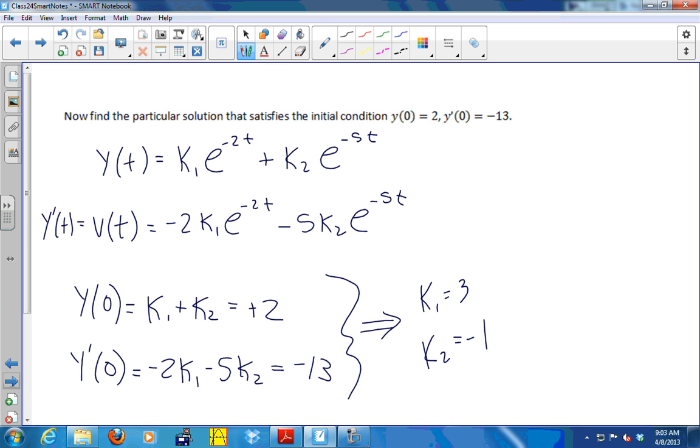So that's a very common mistake on quizzes and tests, for people to go like this and say, that's my answer. The answer is the function with the k1 and k2 plugged into it. Oh, yeah. Sorry. Oops. -1 and 3.